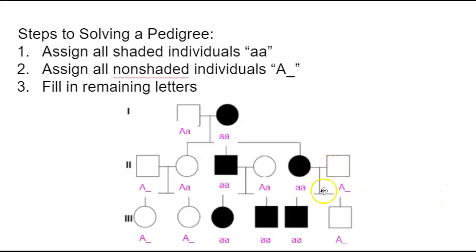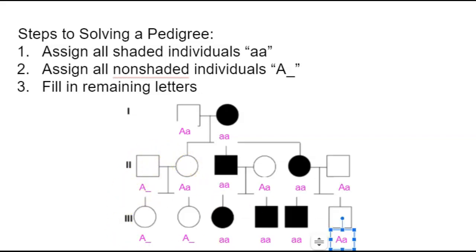If we look over here, we've got another situation where we've got two little a's. One little a has to come from one parent, one to the other. If we look at the kid here, we know the big A has to come from dad. The other letter has to come from mom, and mom only has little a's to give. So mom is going to be little a.